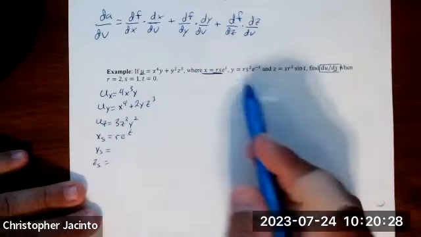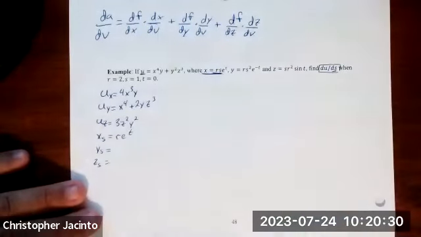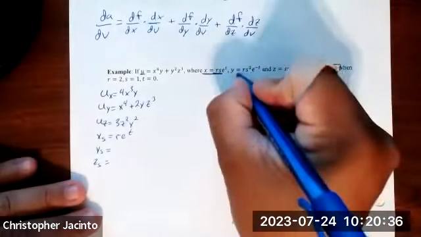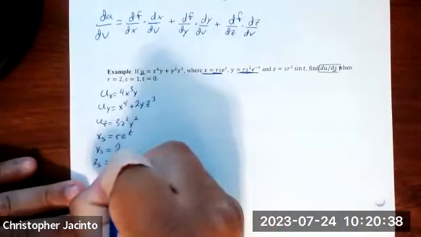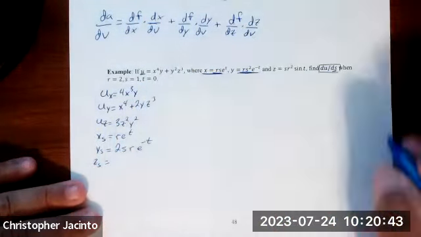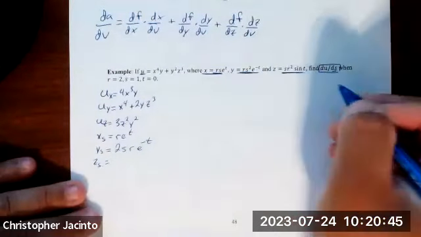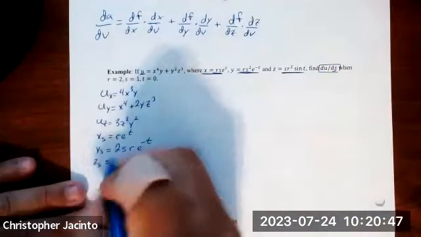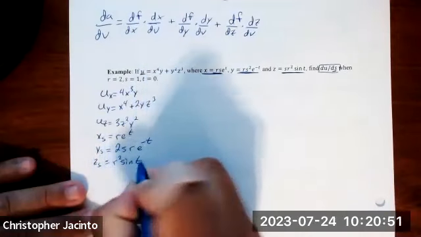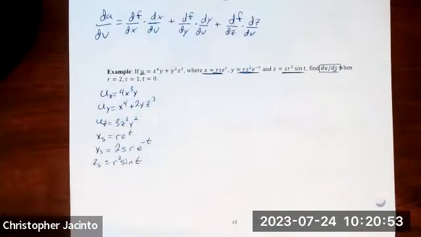Because notice we have 3 variables, right? Oof, that's going to be a long one. We have to do all this fun stuff. This one's going to be with respect to s only. So 2sr e to the negative t. And then finally, again, with respect to s. There we go. All right, that wasn't too bad.